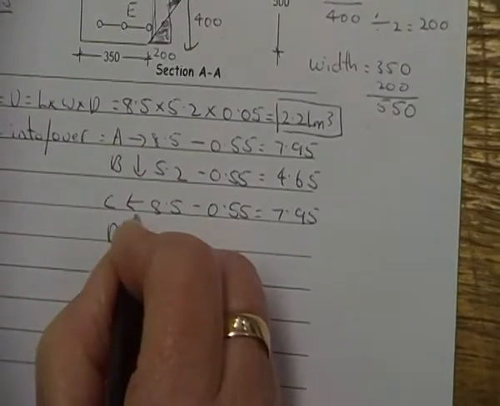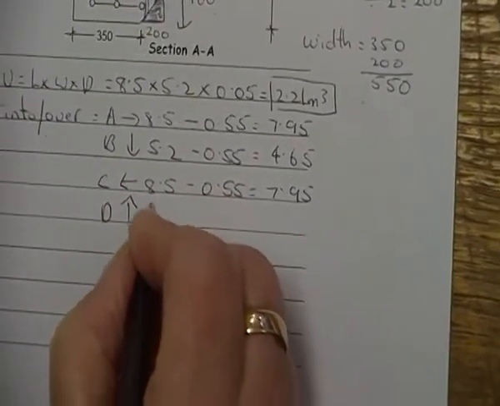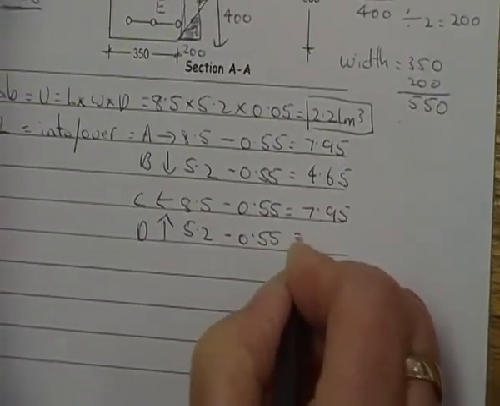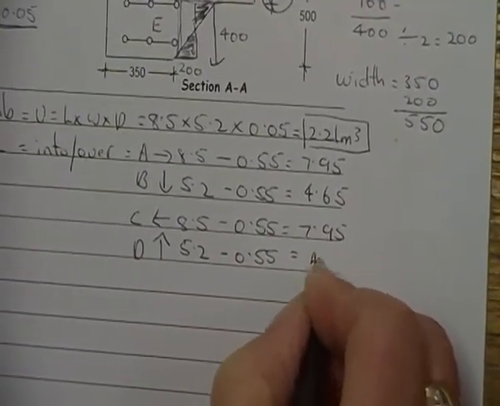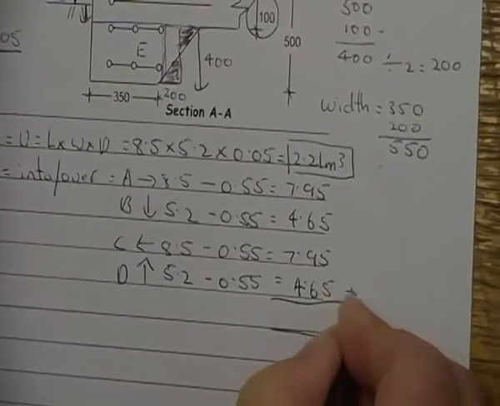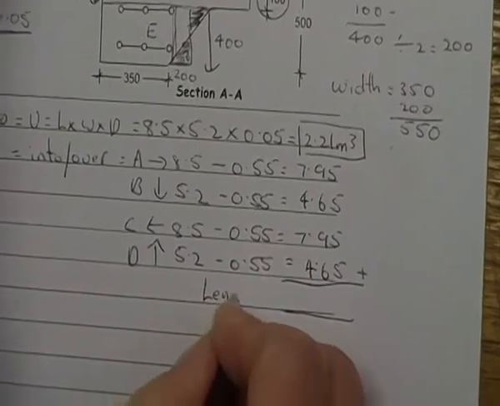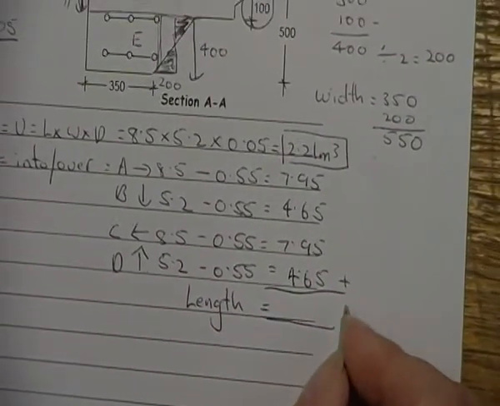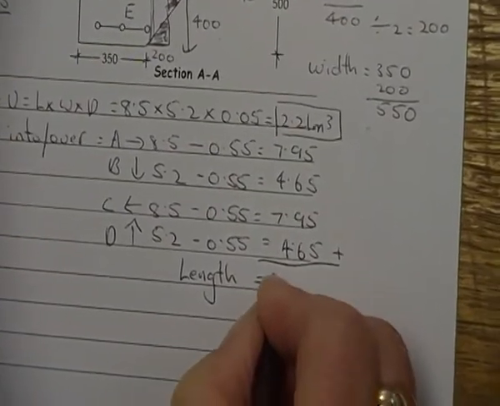D is going to go up, and that's my 5.2 minus 0.55. Now, this is going to be 4.65. Now, I need to add these all up to get my length. So I'm going to get you guys to put the length into the chat box for me.